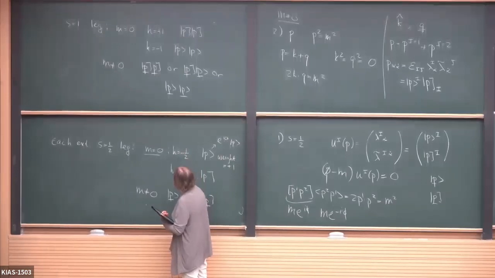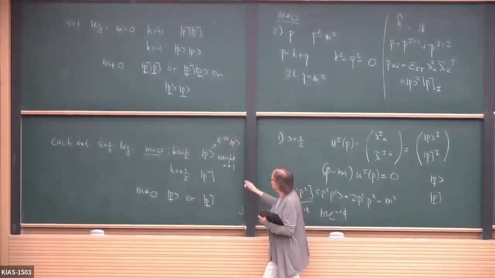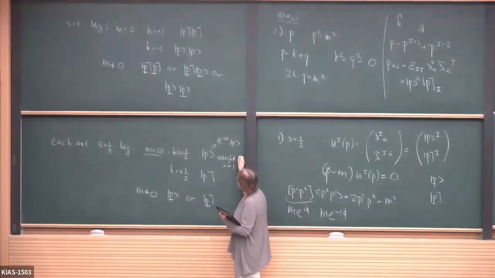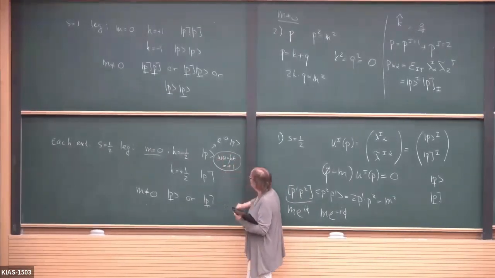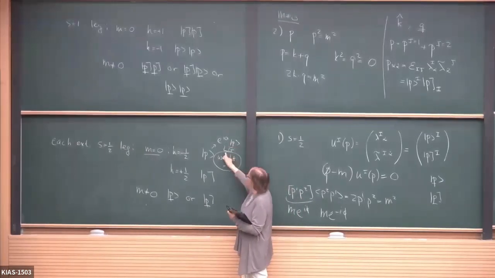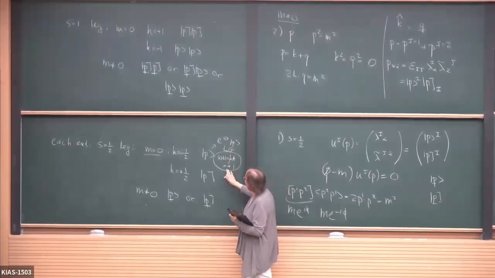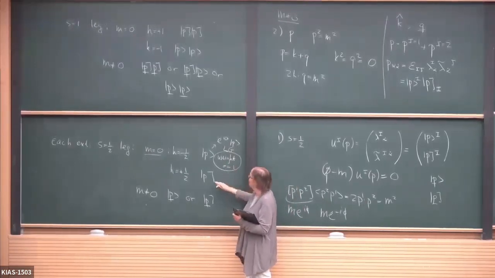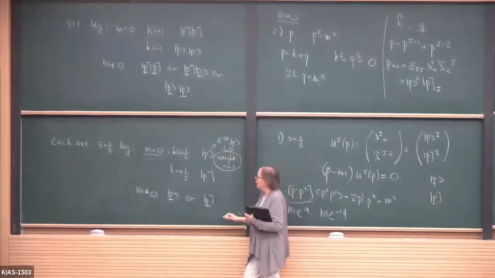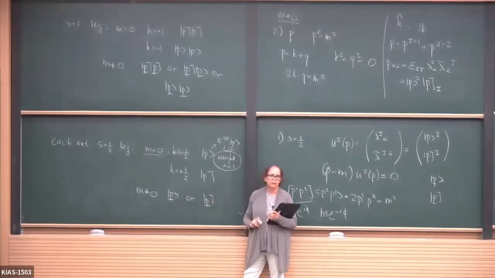So this will be my plus, my minus, and this will be my plus. And so this is charge plus 1 or weight plus 1 under the little group. Well, I said minus 1 here, plus 1 here. And in the massive case, the amplitude transforms as a doublet of the little group. It carries either this one or this one.